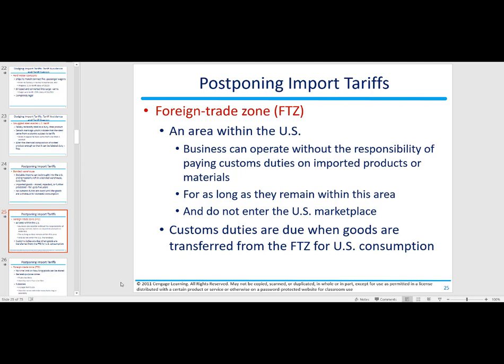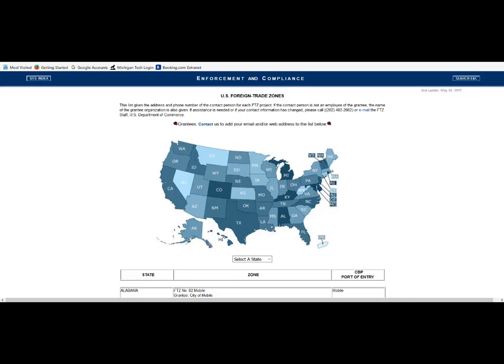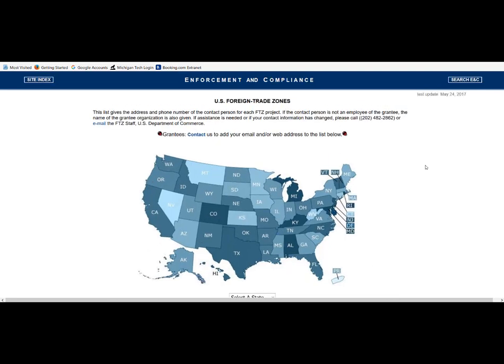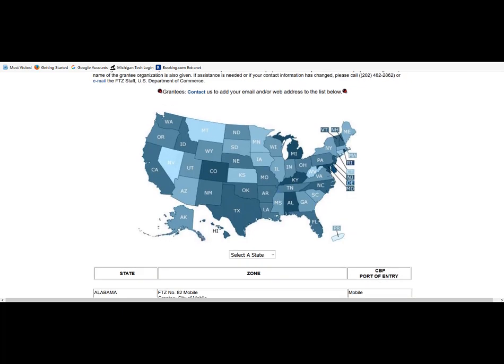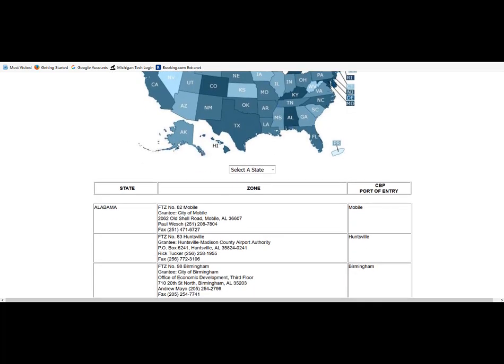So one of the links below the video in your Canvas webpage is to the government site that shows you the foreign trade zones per state. This site is from the US Department of Commerce and shows you all the foreign trade zones in the US. Pretty much zip codes where you can set up your facilities and delay paying tariffs up to the point that those goods are commercialized in the US market.